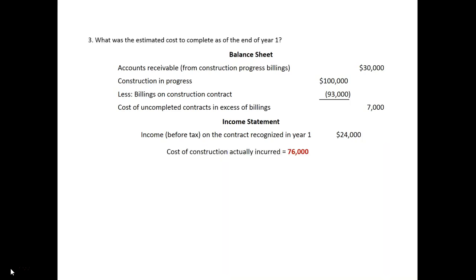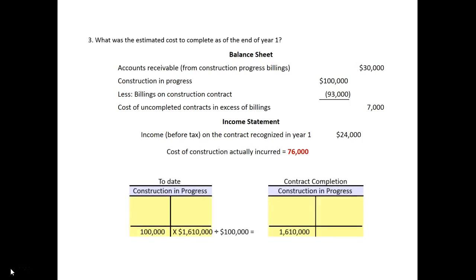Then, the estimated cost to complete at the end of year 1. So if we show that, we've got our $1,610,000 as the sales price.